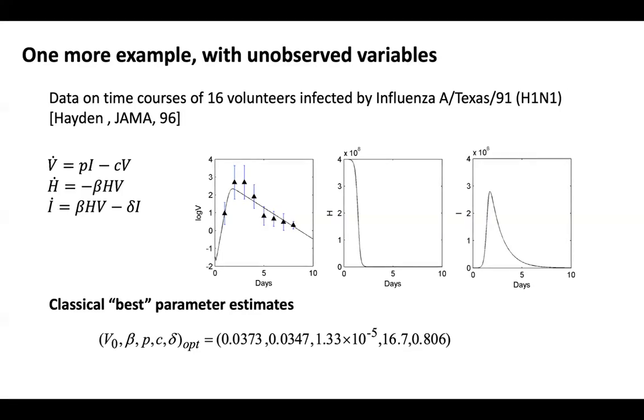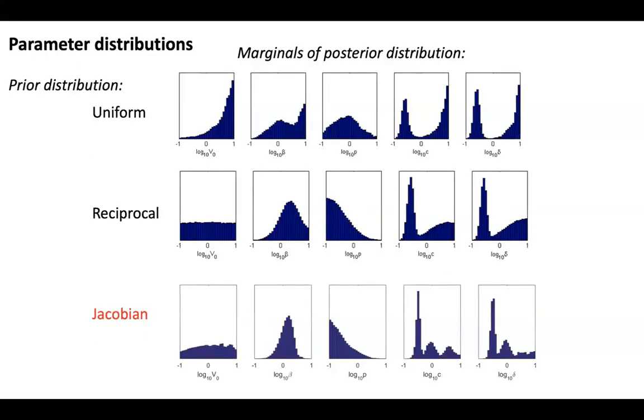Okay, so then we did this little experiment where we tried different prior distributions. You can see these are marginals. If we integrate over four of the parameters and then just look at the distribution over the remaining one, we get very different plots in our posterior, depending on which prior we pick.